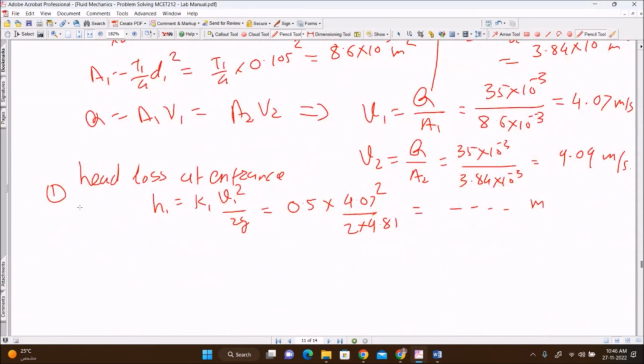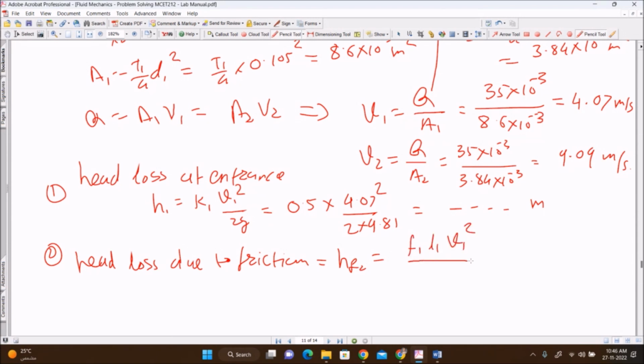Then number 2, head loss due to friction HF1 is equal to F1 L1 V1 square by 2G D1.